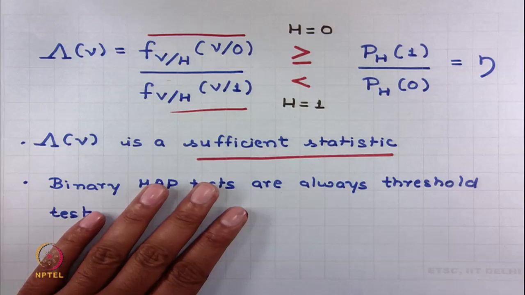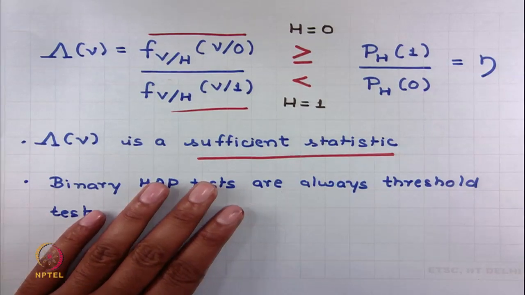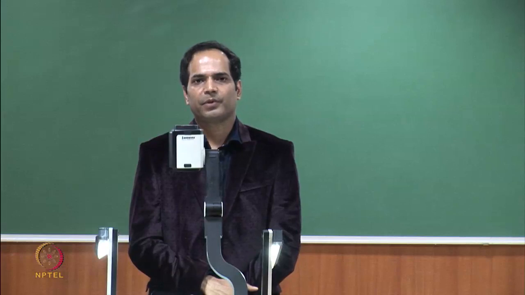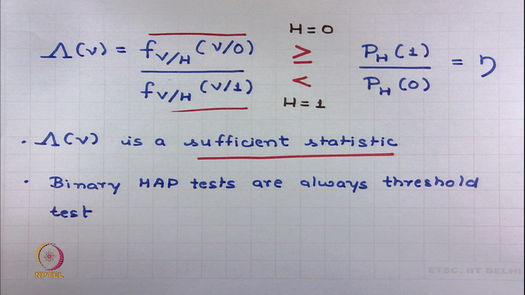We can also see that this binary MAP test is always a threshold test. So, you have obtained a likelihood ratio and then you compare it with the threshold, and threshold is eta here. So, this is basically what is in the theory of these detectors. We have seen the two kinds of detectors, a MAP detector and ML detector, and we have seen that this MAP detector maximizes posteriori probability, whereas this ML detector maximizes the likelihoods, and these two detection approaches are same once you are dealing with equal priors.